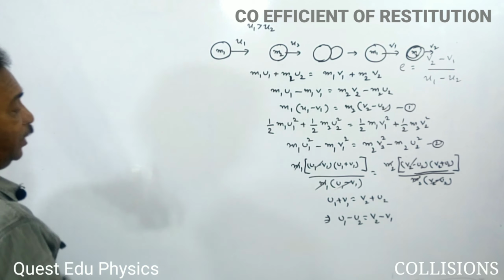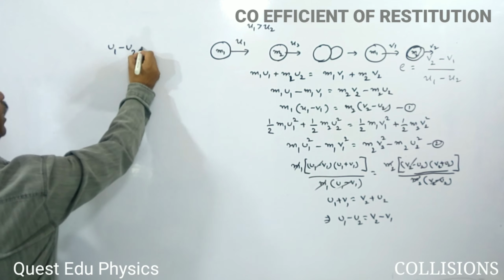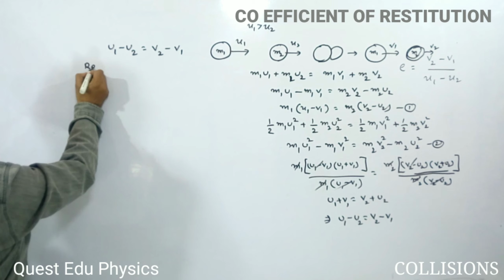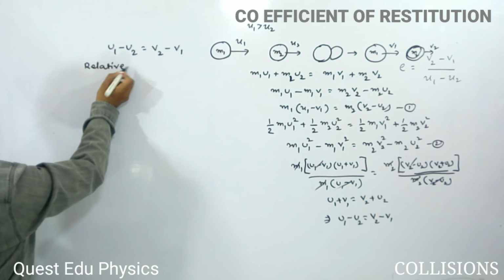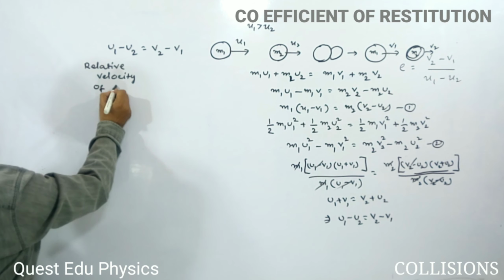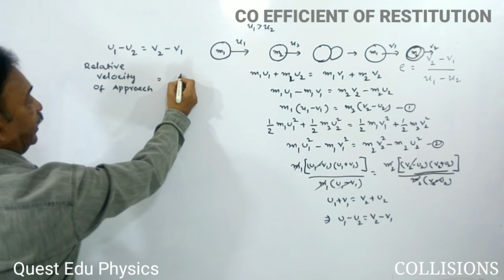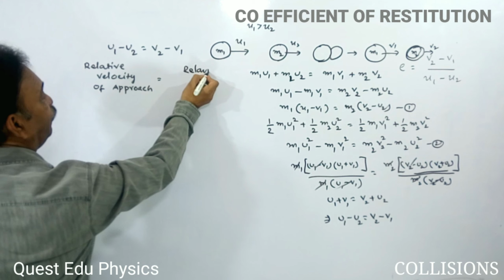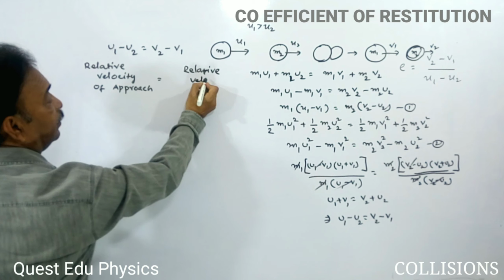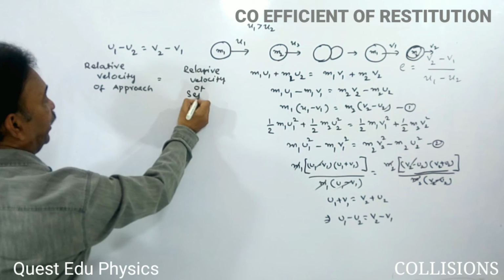Students, this equation u1 minus u2 is equal to v2 minus v1 is what we call relative velocity of approach is equal to relative velocity of separation.